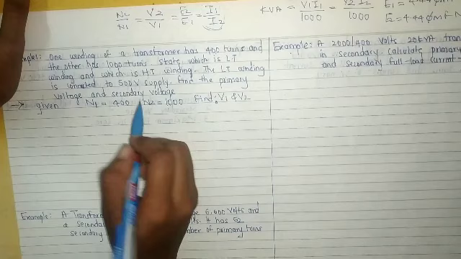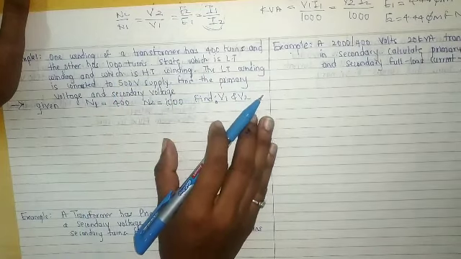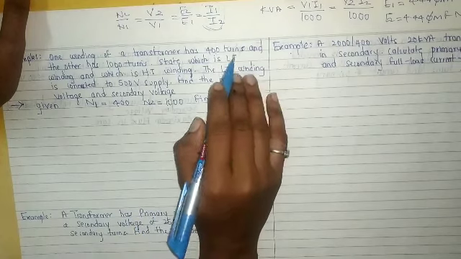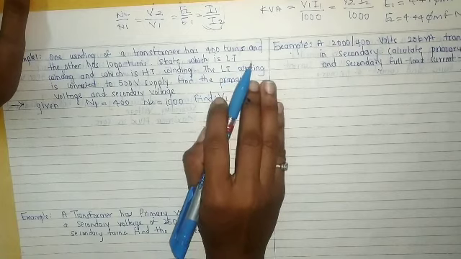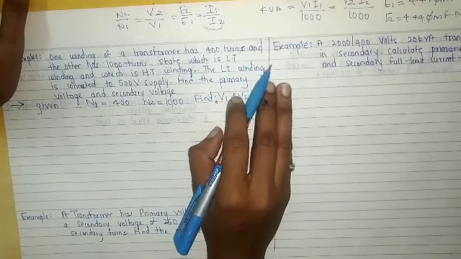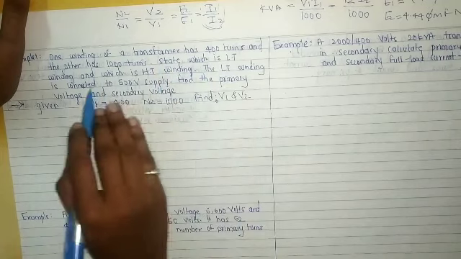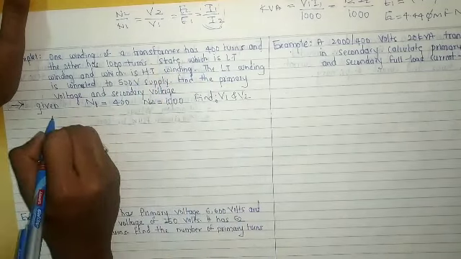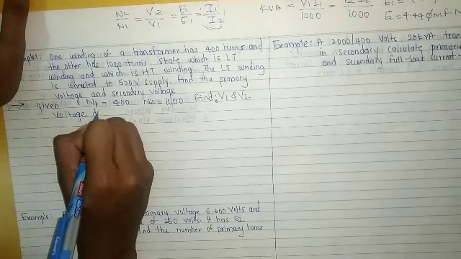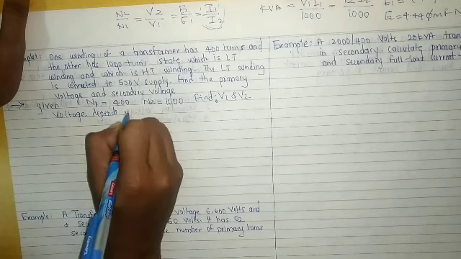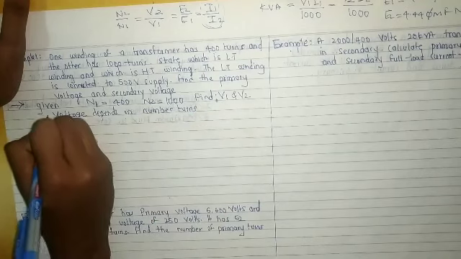So voltage is directly proportional to the number of turns. Low voltage winding, LT, has fewer turns, and HT means high voltage winding has more turns. So what they have asked here is, state which is LT winding and which is HT winding. So voltage depends on the number of turns. This is the first point, right?